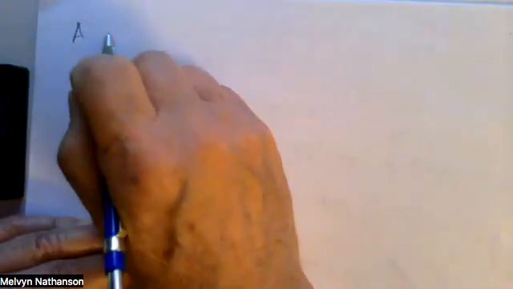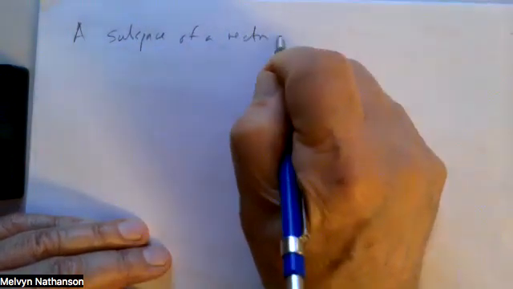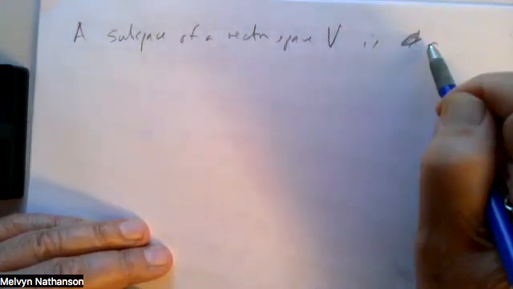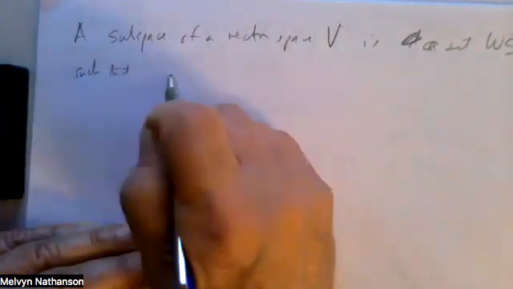Non-empty sets that are closed under vector addition and scalar multiplication are especially nice, and they're called a subspace. A subspace of a vector space V is a set W contained in V, which has 3 properties.